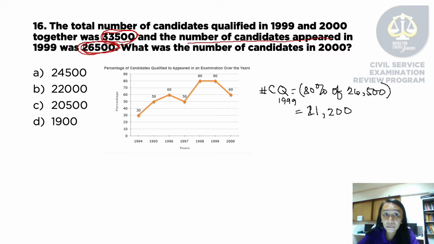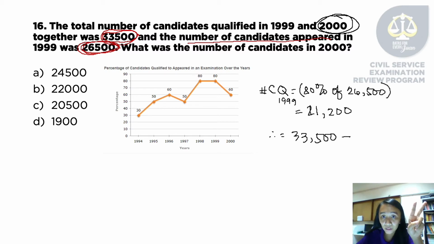I also know the number qualified in 1999 and 2000 combined. Therefore, I can get the number of qualified candidates in 2000. What will I do? I will just subtract the 21,200, the 1999 qualifiers, from the total number of candidates who qualified in those 2 years, which is 33,500.